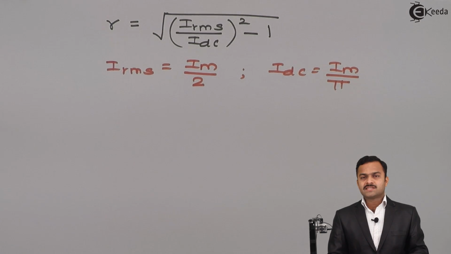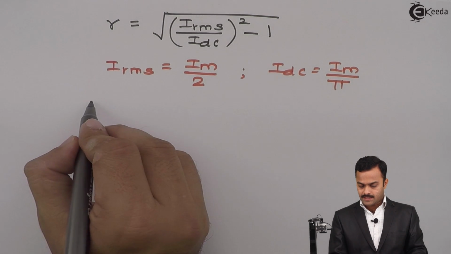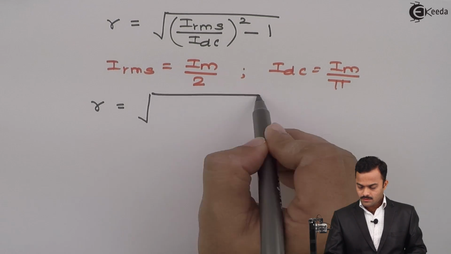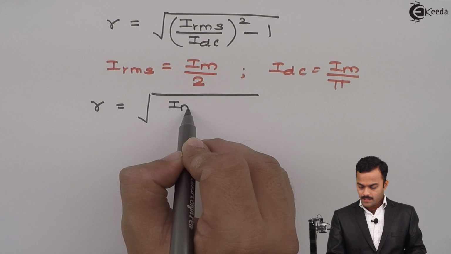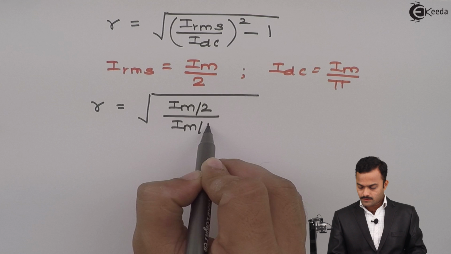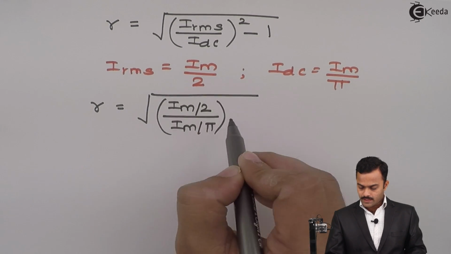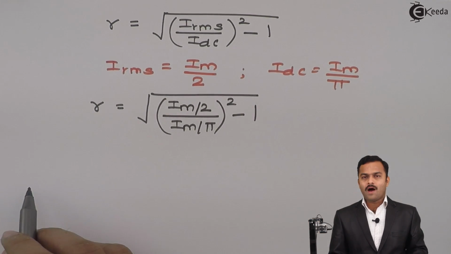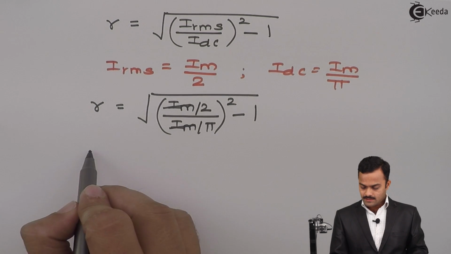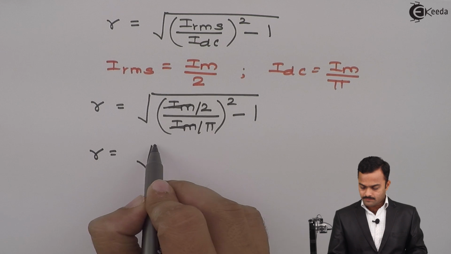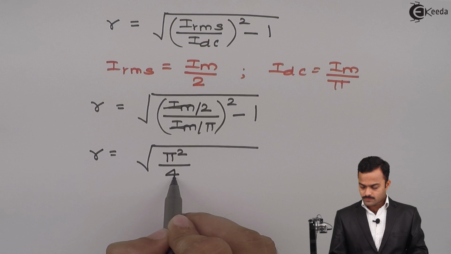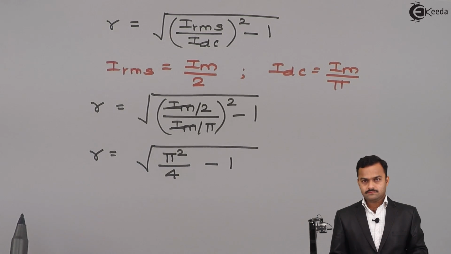So if I substitute these values, I will get R equal to root of Im upon 2 divided by Im upon pi whole square minus 1. Again I can cancel and ripple factor will become root of pi square by 4 minus 1.